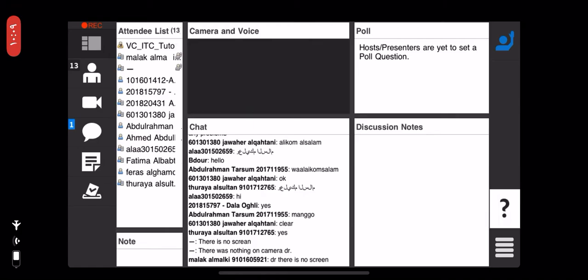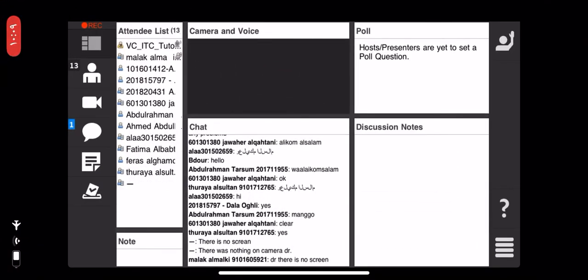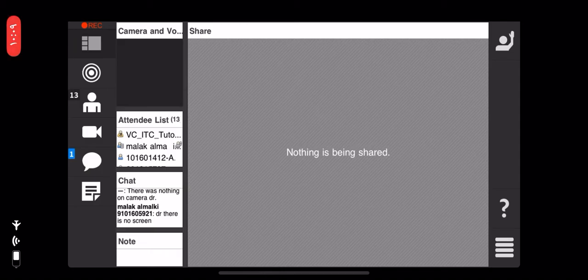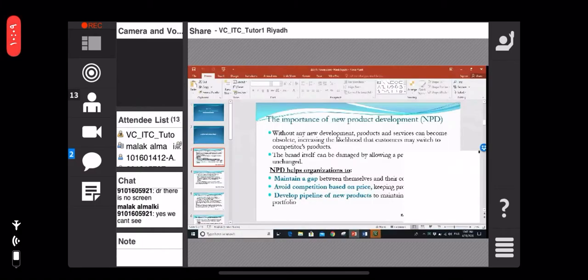NPD, new product development. So who raised the doctor? There is no screen. There is no screen. Oh my God. There is screen now.